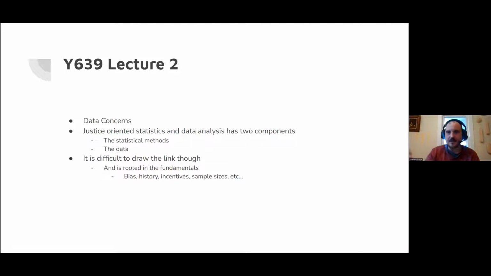I think this touches on a lot of what Christina was talking about. When I was thinking through this whole idea, it was difficult for me to draw a link because I was trying to find a data set that is perfect for exploring these types of questions. But ultimately, it's about finding good data that follows good fundamentals. And then the justice side comes with your framing and your research questions.